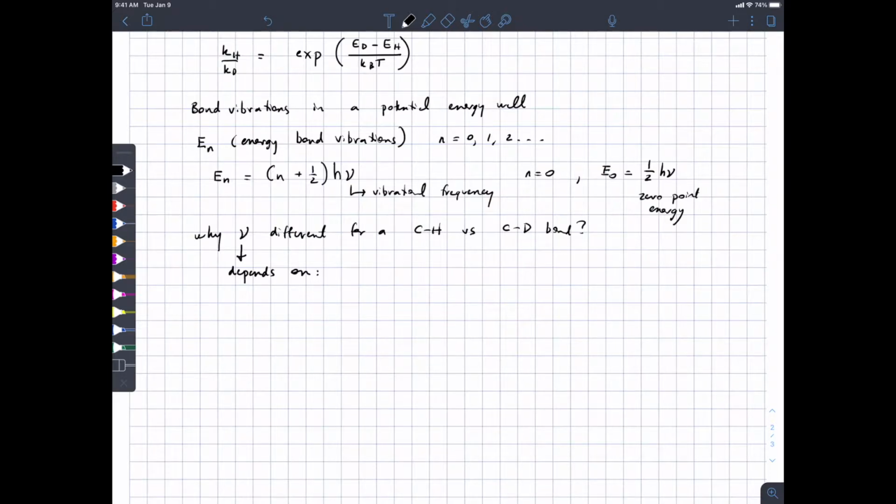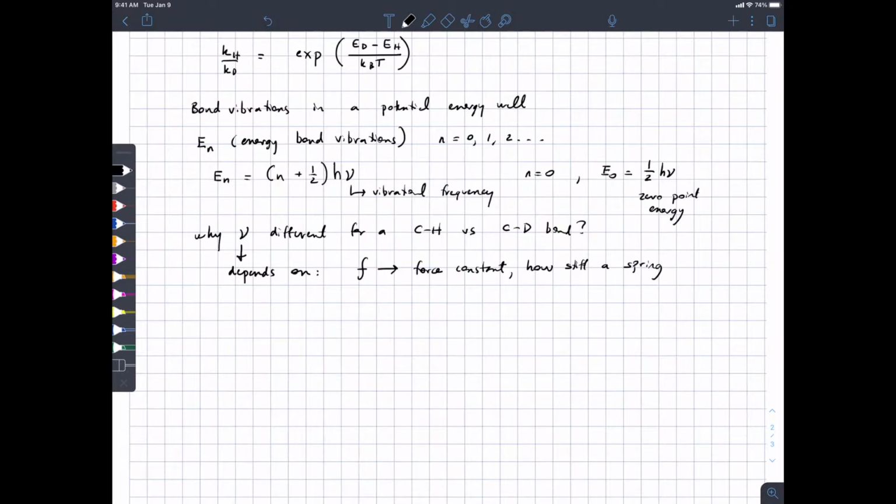First, it depends on K, which is, actually we're going to call it F because we got too many Ks. F, which is a force constant. That's a term that describes how stiff a spring is, or in other words, how strong a bond is, or what its environment is, where stiffer springs vibrate more rapidly.